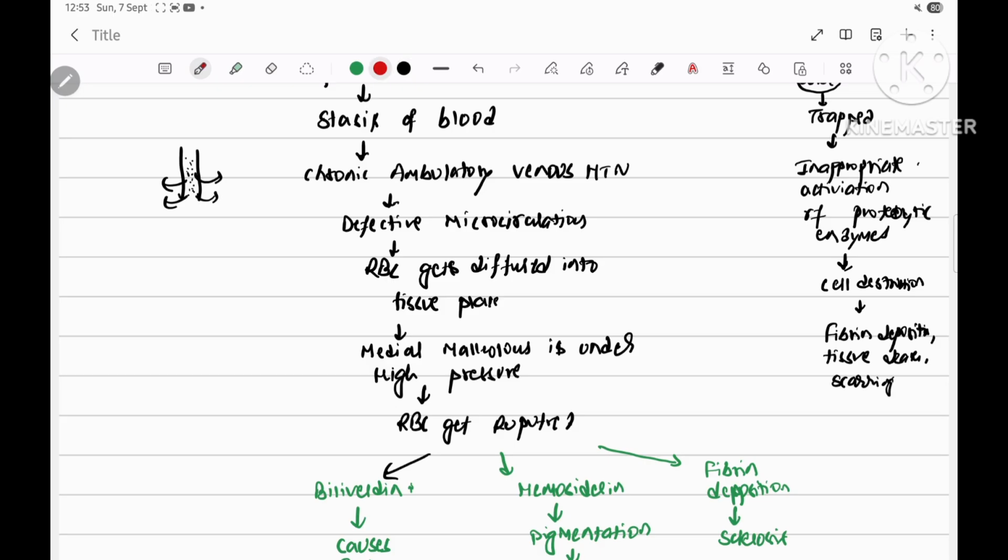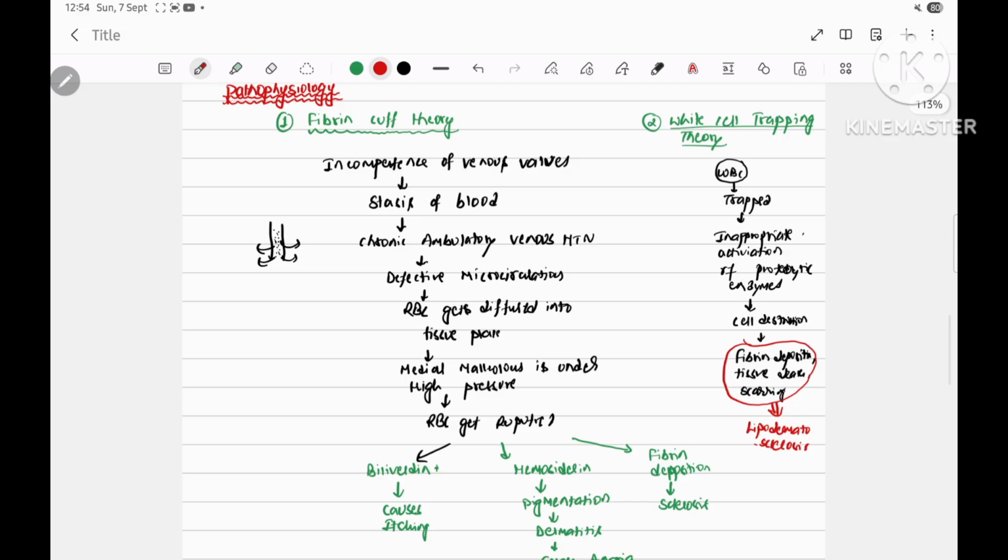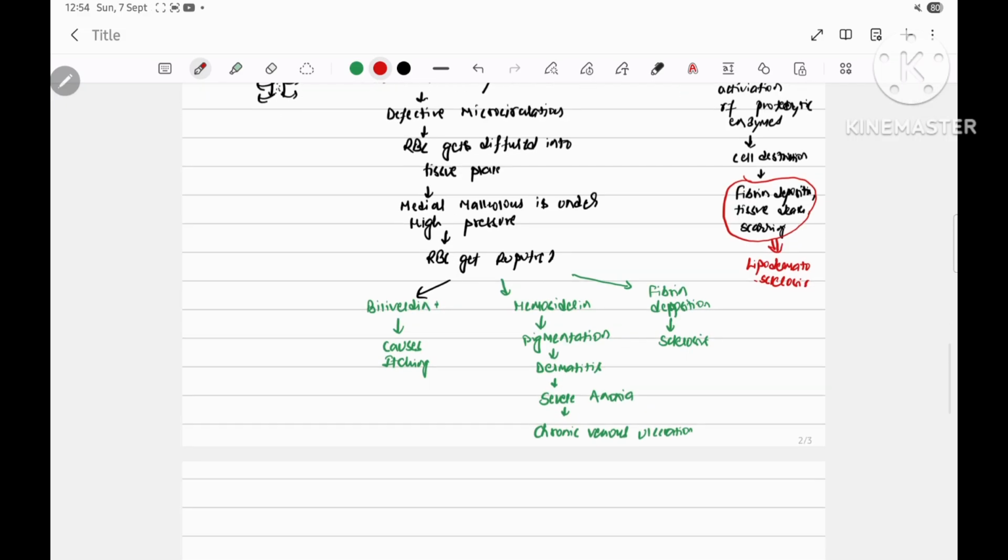All these three points together are called lipodermatosclerosis. So this is the pathophysiology of varicose vein.